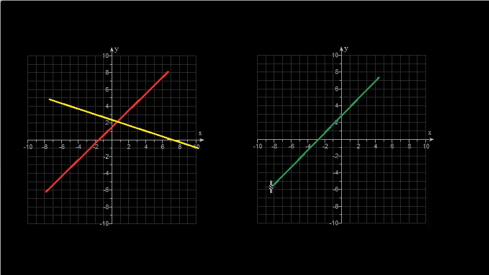However, if I have another line that when I graph it exactly overlaps the previous equation, in that case, I have infinitely many solutions. An example of this would be, say I had the equations y equals x and 2y equals 2x.